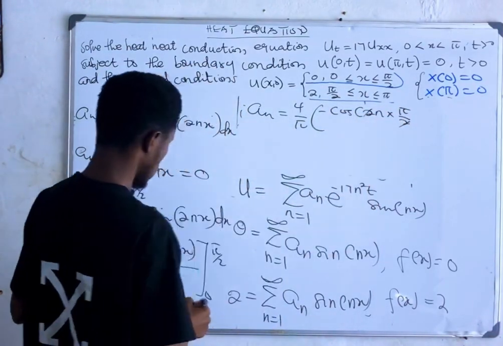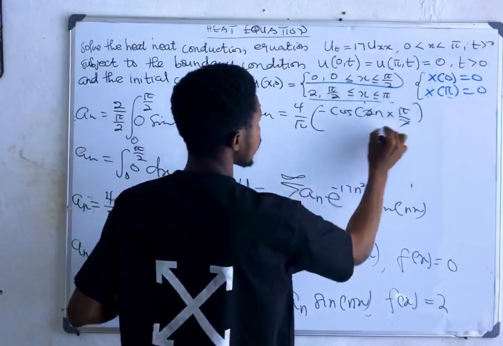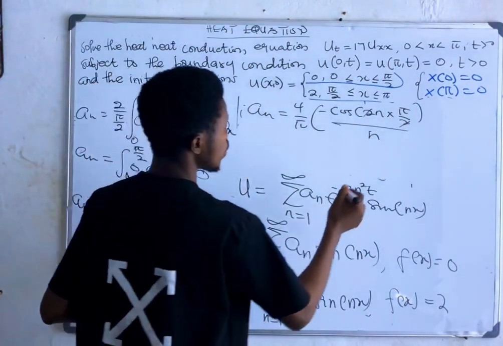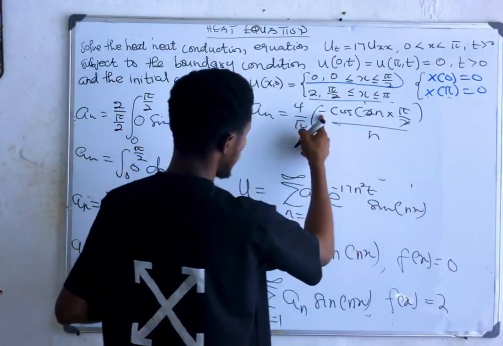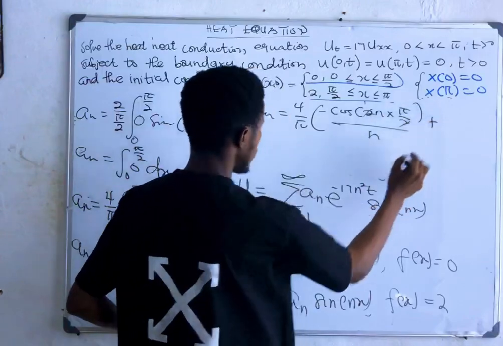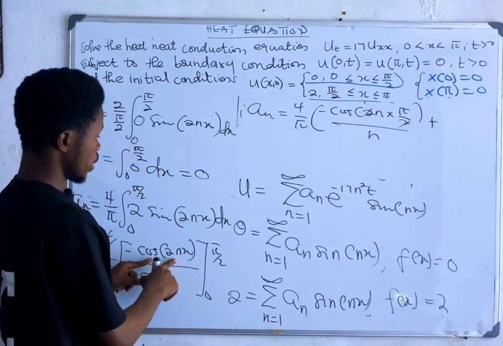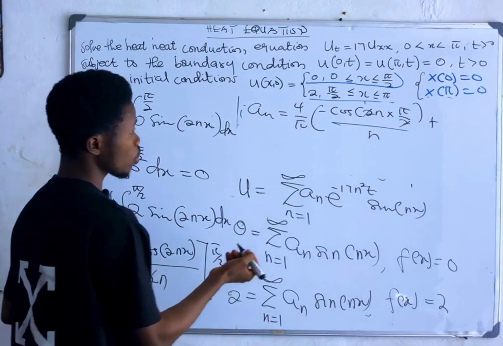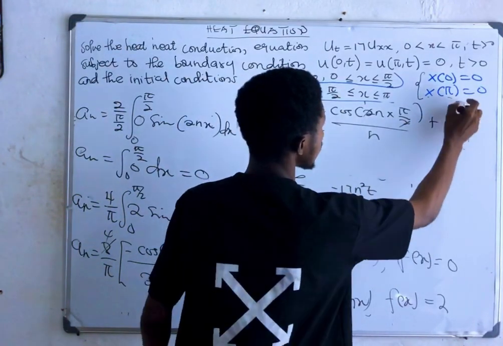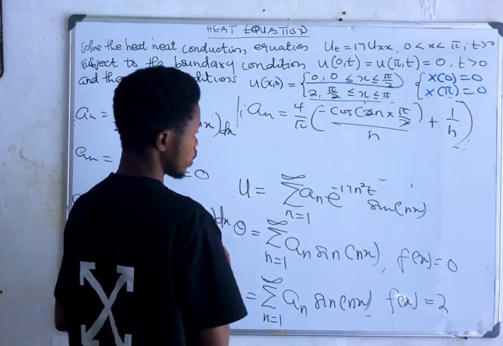So you see this will cancel this, all over n. There's a minus here, so another minus becomes plus. If I put 0 here, it should be cos 0. Cos 0 is 1, so it should be 1 over n.